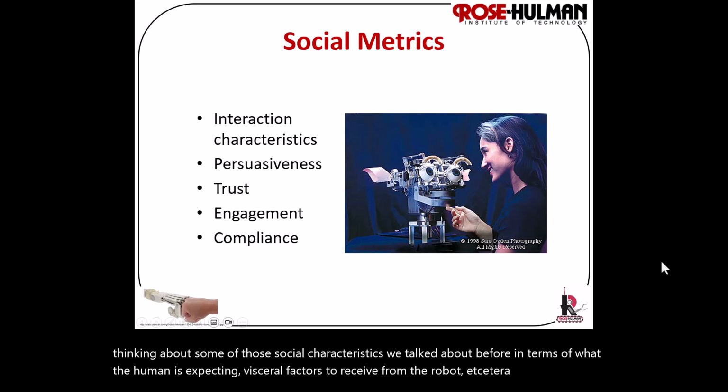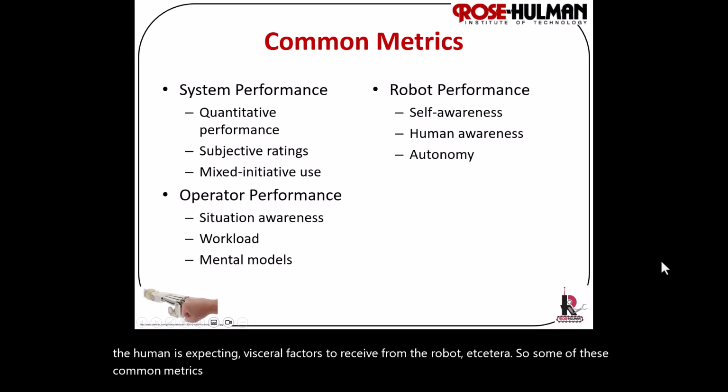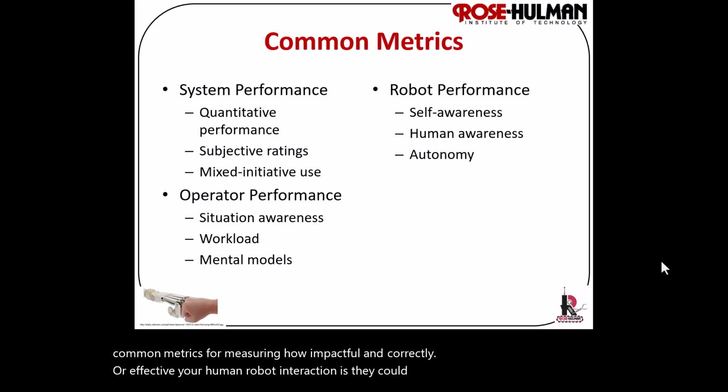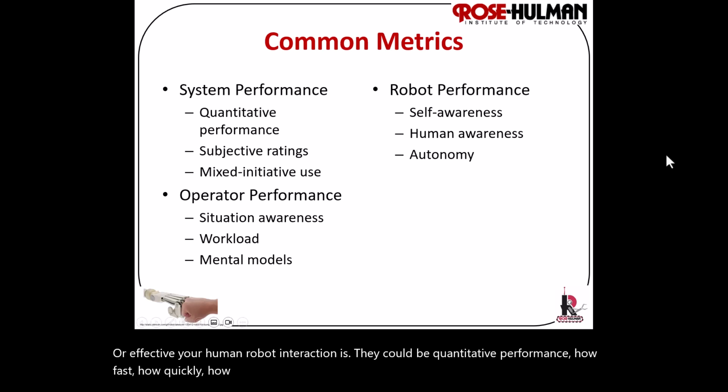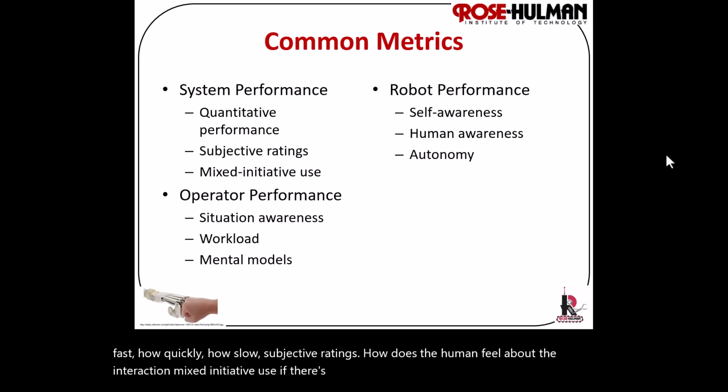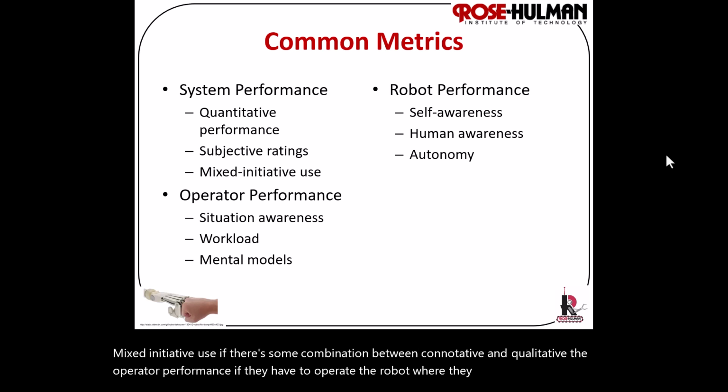So some of these are common metrics for measuring how impactful and correct or effective your human-robot interaction is. They could be quantitative performance, how fast, how quickly, how slow; subjective ratings, how does the human feel about the interaction; mixed initiative use, if there's some combination between quantitative and qualitative; the operator performance, if they have to operate the robot, were they situationally aware of what was going on as they directed it remotely?